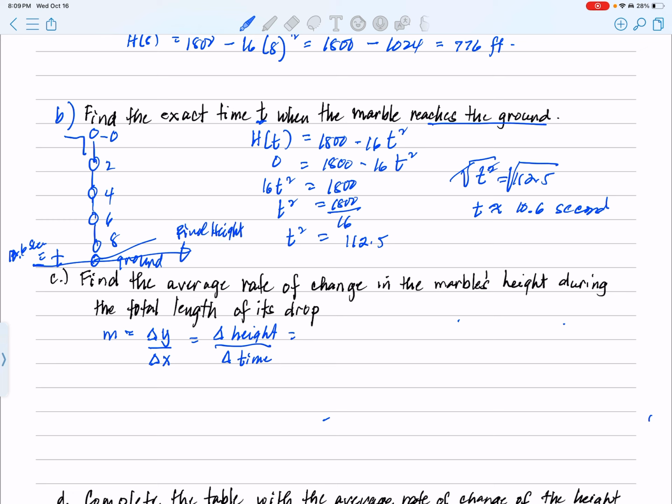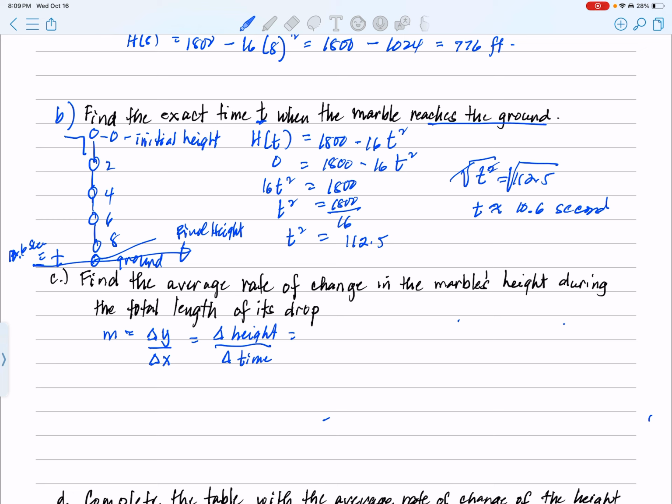From the beginning, that's the initial height when the marble was thrown down. I could write it here, initial height.